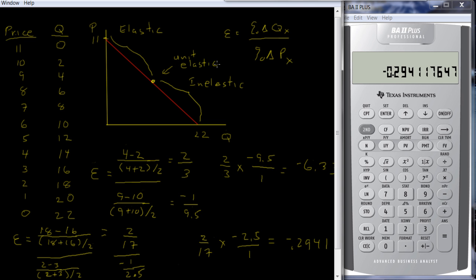That is elasticity equal to 1. So the percentage change in the quantity is going to be the same as the percentage change in price.